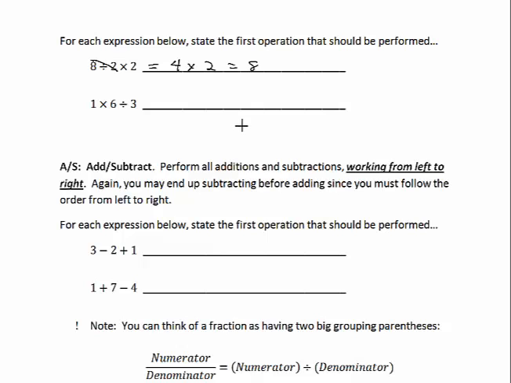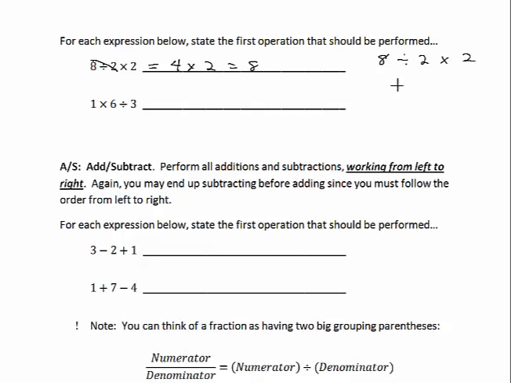So this is a good example of what can happen if you don't follow the order of operations. Let me write this down again and do it in the wrong order. Let's say you said, well, let's do the multiplication first, which is not correct.